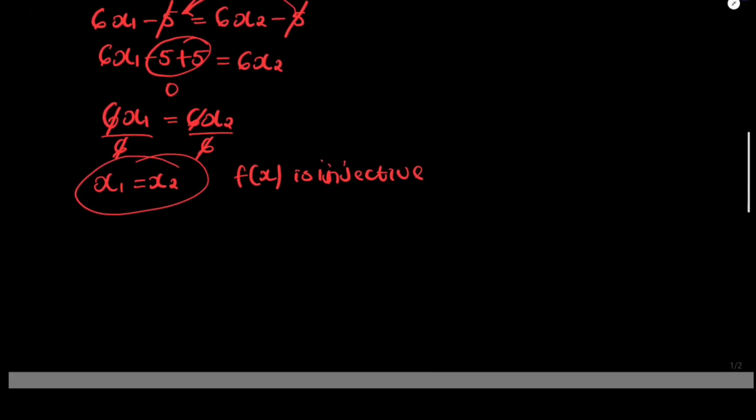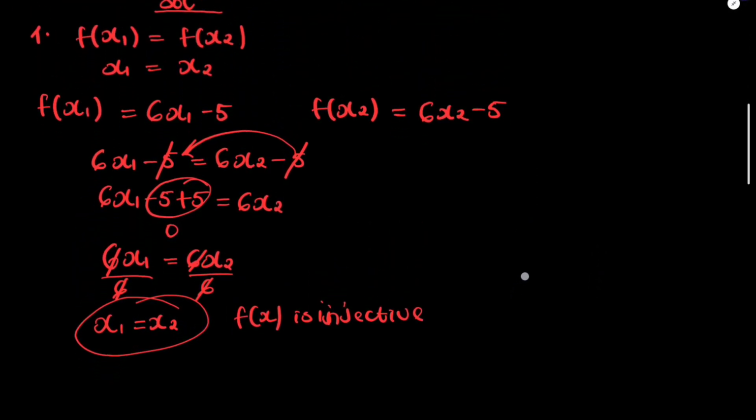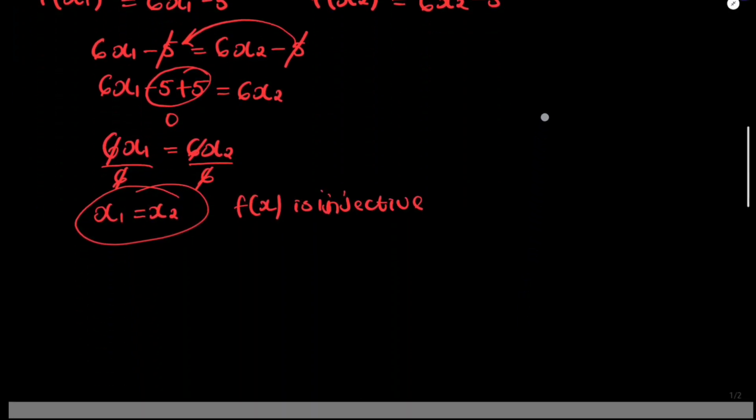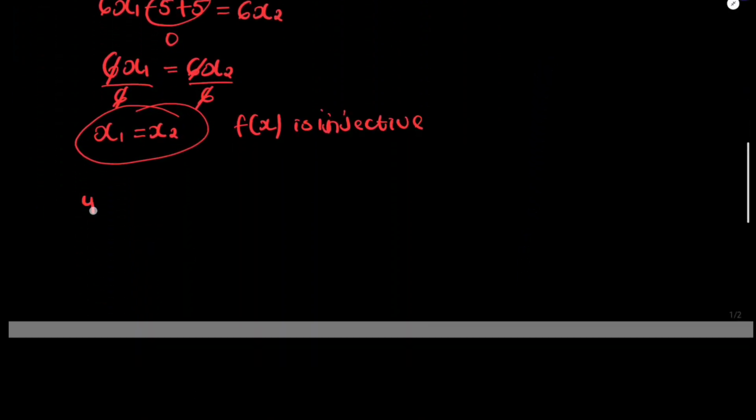Now that we know that it is injective, we can go ahead to the second step. The second step says we should write y equal to f of x and solve for x. So this is step 2, y equal to f of x. That will be y equal to 6x minus 5.